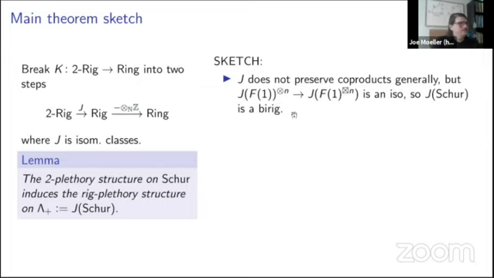Actually proving that requires delving into some representation theory, and so I'll skip it for the sake of this talk, but we do get an isomorphism here. And so we actually do get the birig structure, or the rig structure, on this pretty easily.